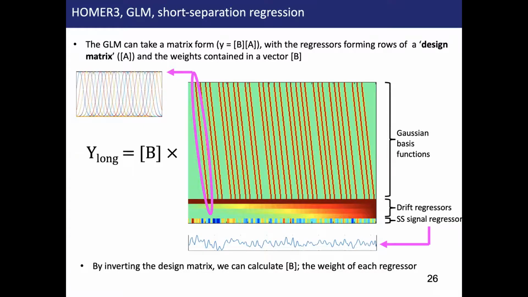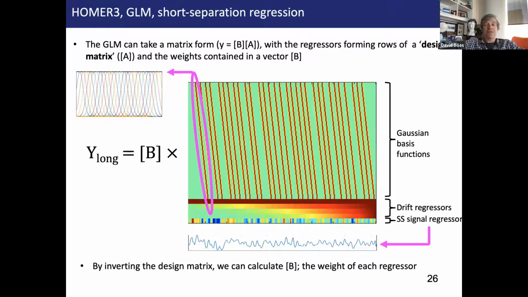Right. Okay. And then building off of Spencer's question, would it be possible, so maybe not within the framework of Homer, but to build a hierarchical linear model to look at multiple channels at one time within a subject? I mean, absolutely. All of that could be done.